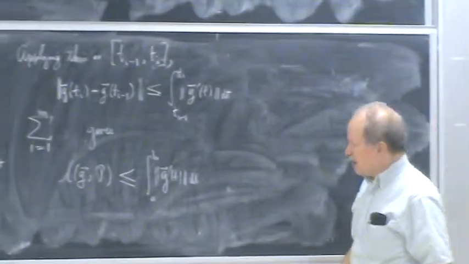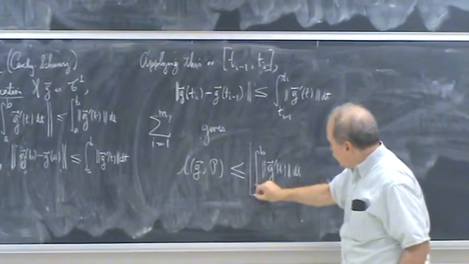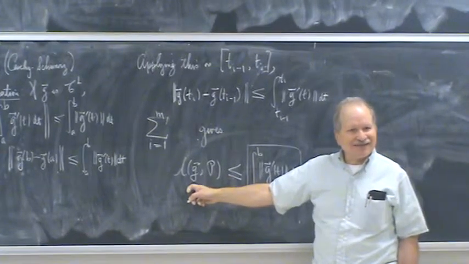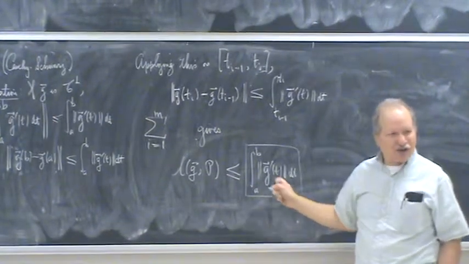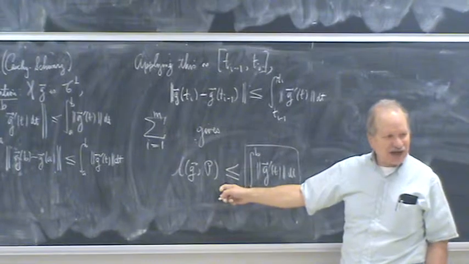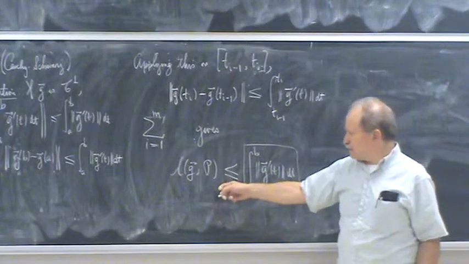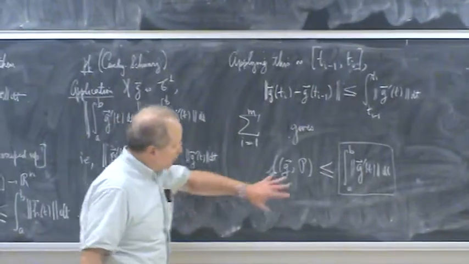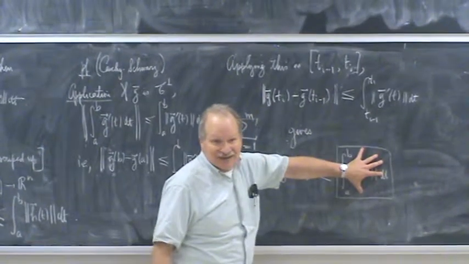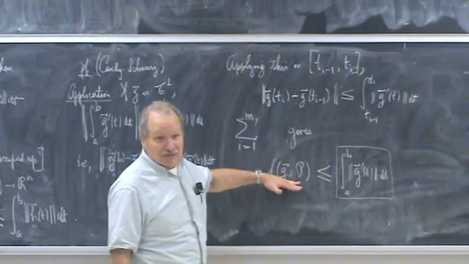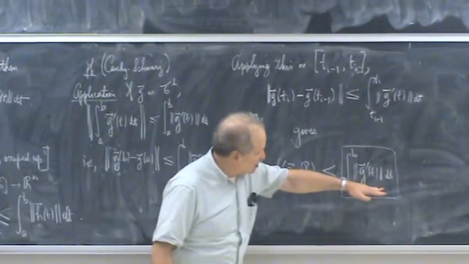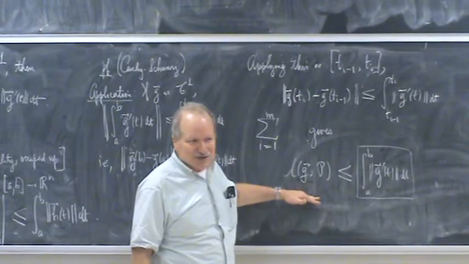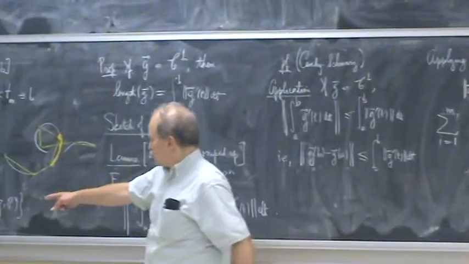So what does this say? It says that the integral of your speed is bigger than every polygonal path. So if, in fact, this were the length of the curve, you already intuited that. But the rigorous math now says this number is an upper bound for all of these numbers. So it's at least as big as the least upper bound of all of these numbers, which is what this definition is.